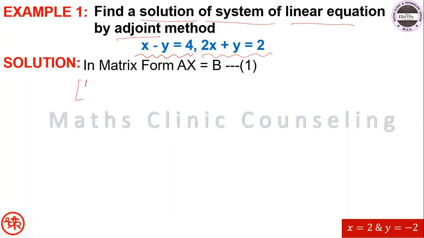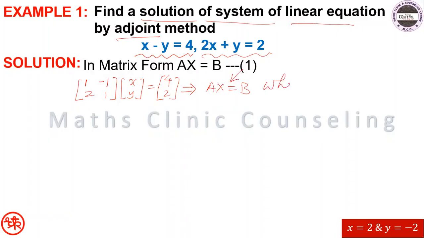तो कैसे लिखेंगे हम? So you will get the matrix 1 minus 1. पहला रो coefficients of x and y, दूसरा रो coefficients of x and y 2 1. Unknowns क्या है? x y. And right hand side values क्या है? 4 2. बराबर है? And this implies that Ax is equal to b. Okay.